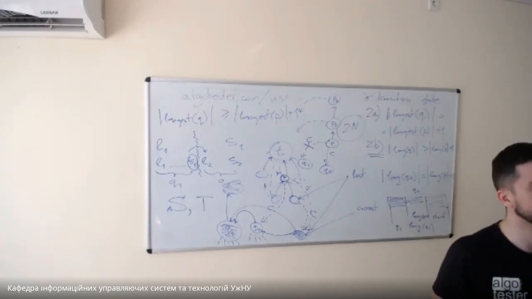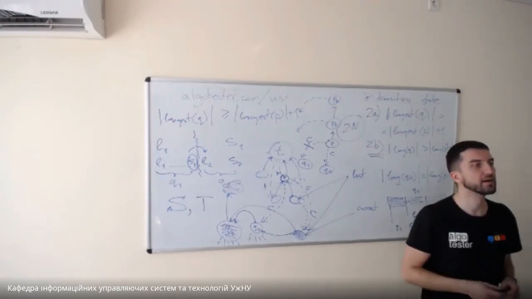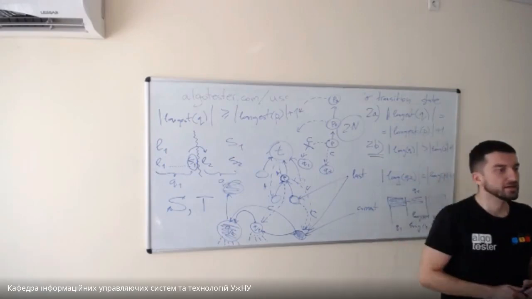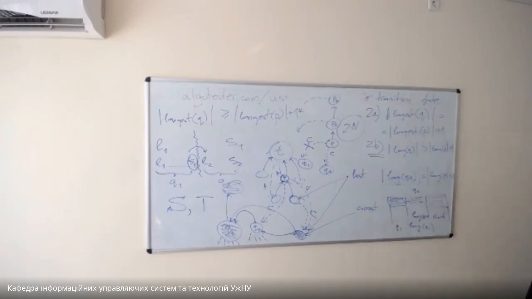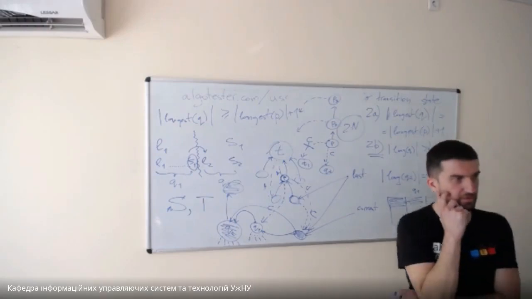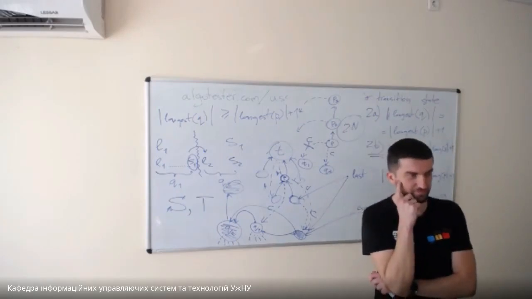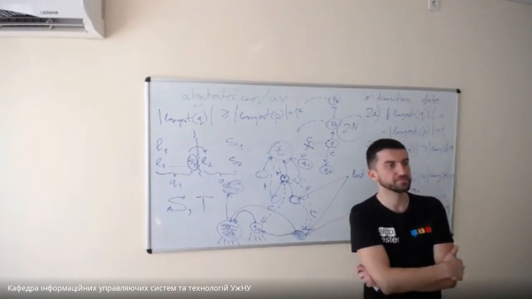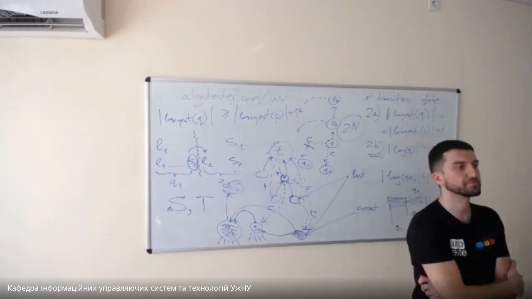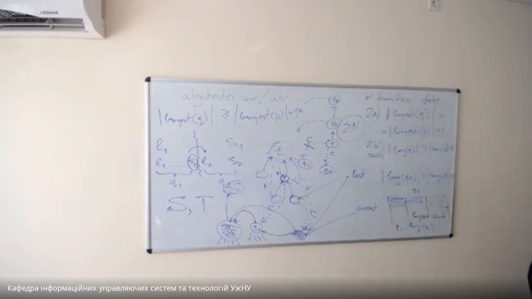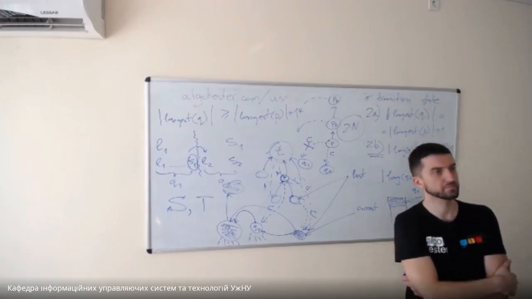You can keep some other thing in the state, for example, the number of strings to which the current state corresponds.